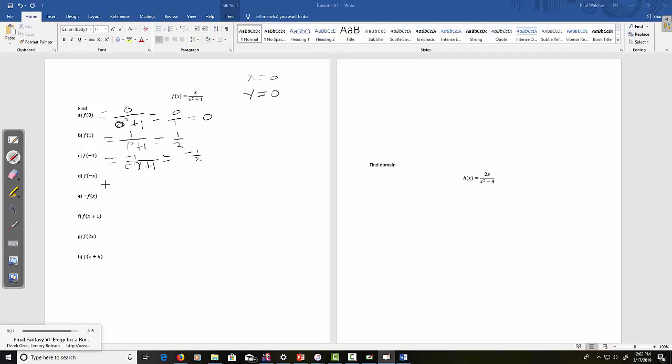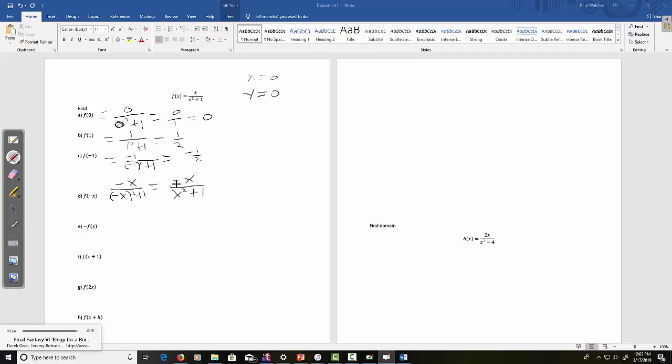F of negative x, you might be able to make a guess of what this is going to be from looking at the previous one, but let's see. So f of negative x, you would plug in negative x for x, so negative x over negative x squared plus 1. On the top, that'll still be negative x. On the bottom, that'll be negative x squared, so negative x times negative x is x squared plus 1.